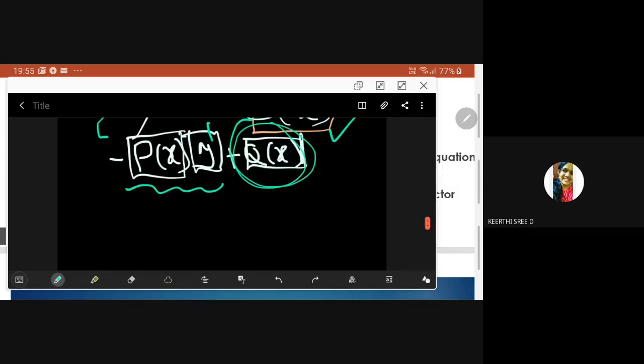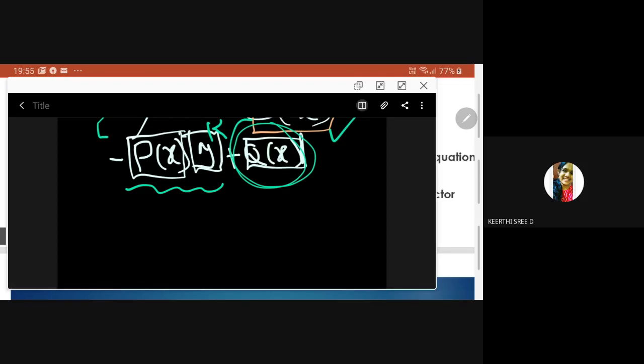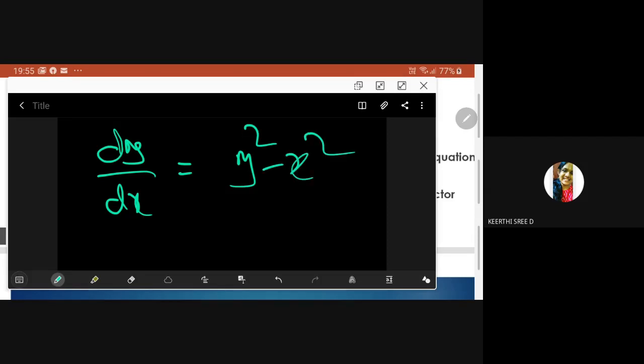We will go here. Y dash is equal to, I don't write y dash, you may get confused. dy by dx is equal to y square minus x square. This is clearly not a separable equation.